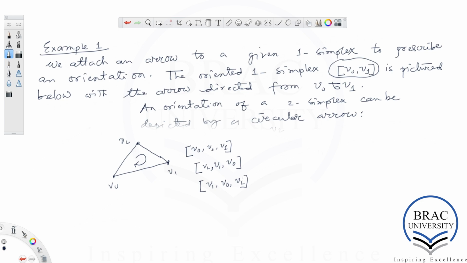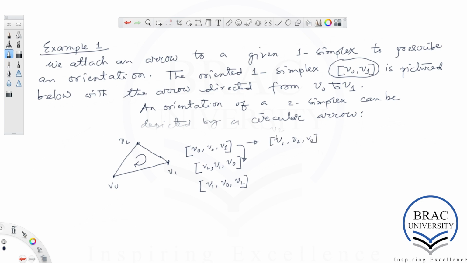It's easy to check that any two of these three two simplices differ from each other by an even permutation. So how do you get from one to another? First you interchange v1 and v0 to reach v1, v2, v0.